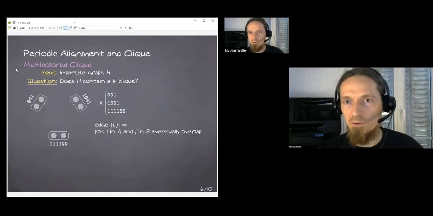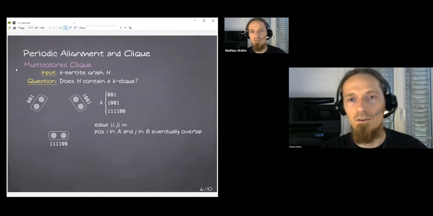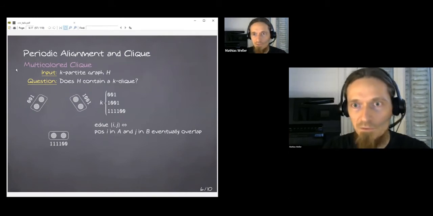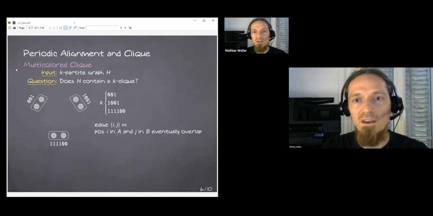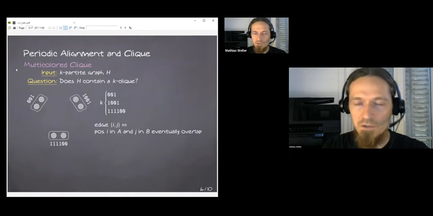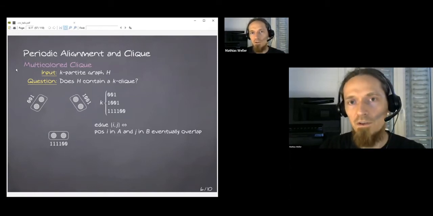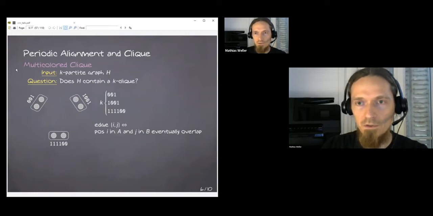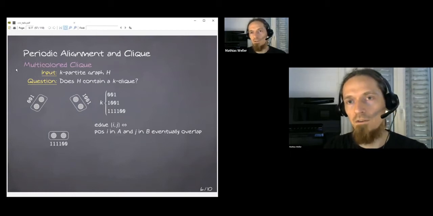So what we can do is we have a partition for each of the sequences. And in each partition, there is a node for each 0 in that sequence. In this case, we have 2 nodes in each partition because each of the sequences has 2 zeros in them.